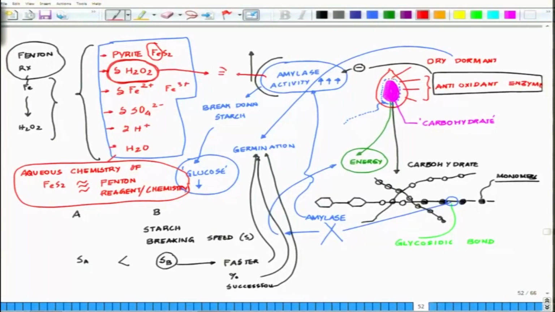So, in other words, FeS2 or pyrite plus water is similar to amylase.